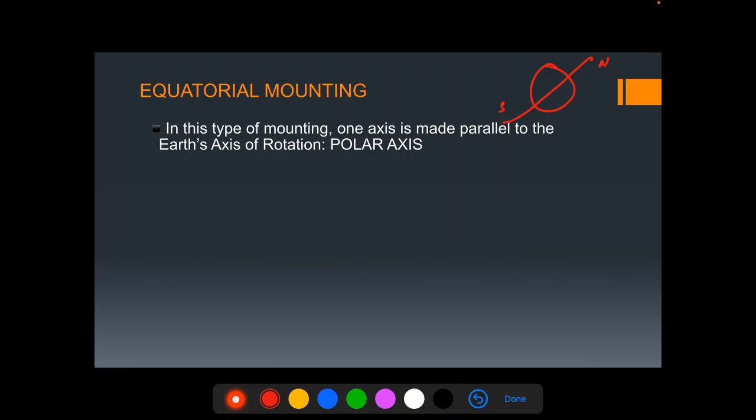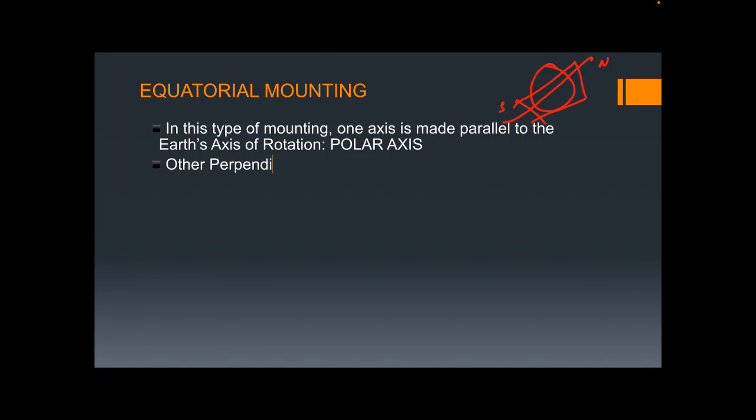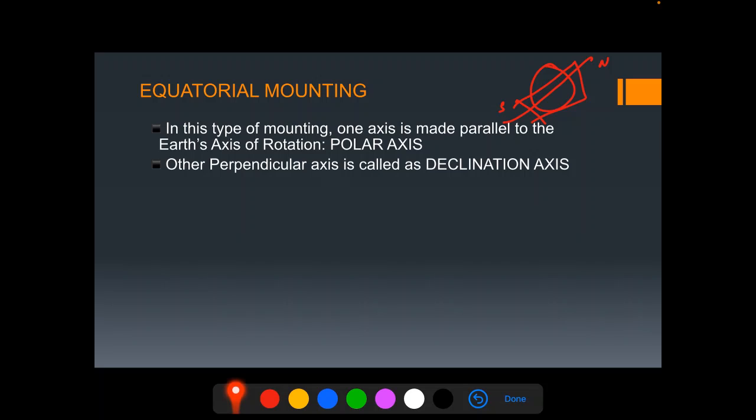The Earth is rotating around this north south axis. So one axis of the telescope is made parallel to this north south direction. Then the other axis is perpendicular to this polar axis, and it is called the declination axis.